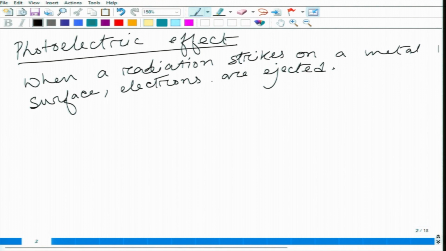Basically, this was the phenomenon that was observed and it was called the photoelectric effect.